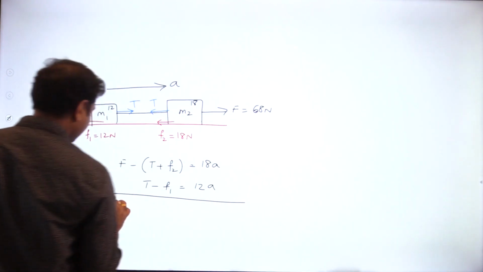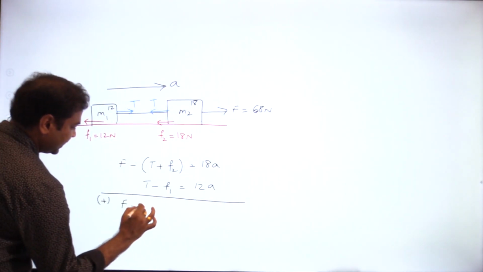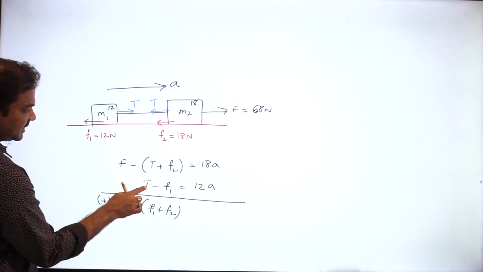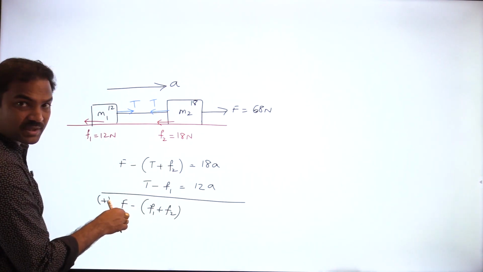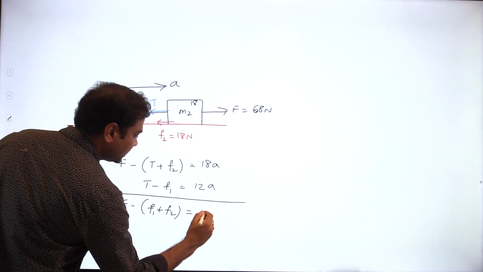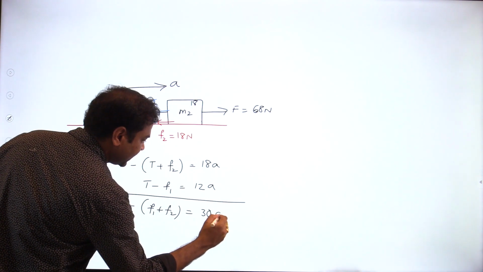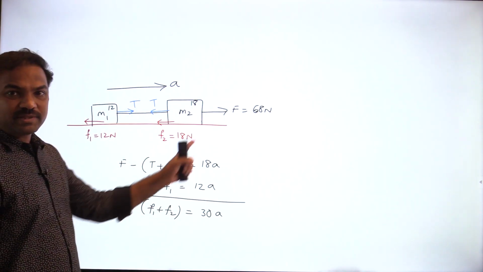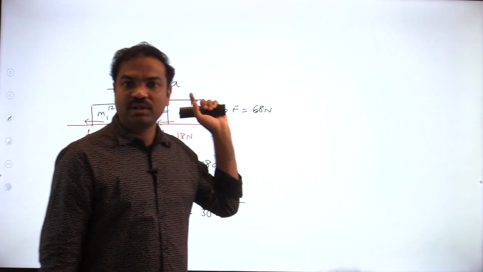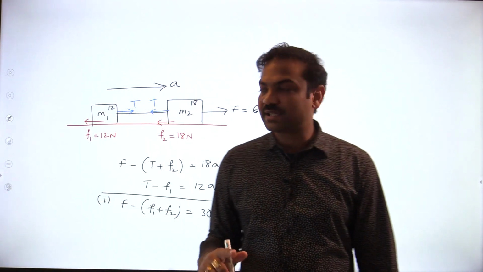Now if I add these two, what do I get? F minus F1 minus F2, with minus T plus T cancelling out, is equal to 30a. This is like taking M1 plus M2 as a single system, where the tension forces cancel out.